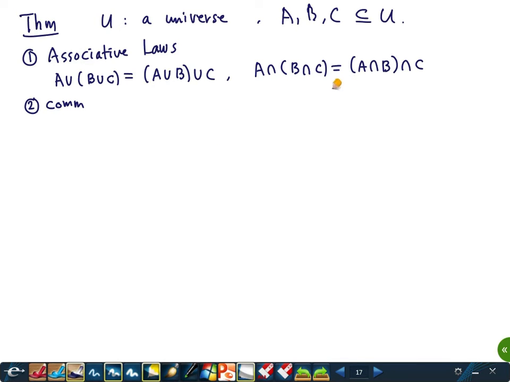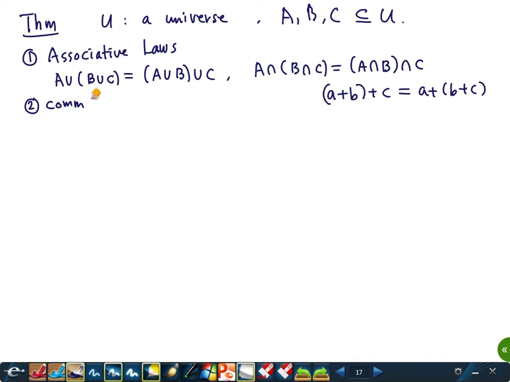Do you understand what I mean? (A plus B) plus C, is it always equal to A plus (B plus C)? Yeah, we know that this is true. So this kind of thing is called associative law, and what I wrote here is that these are also true for intersection and union.